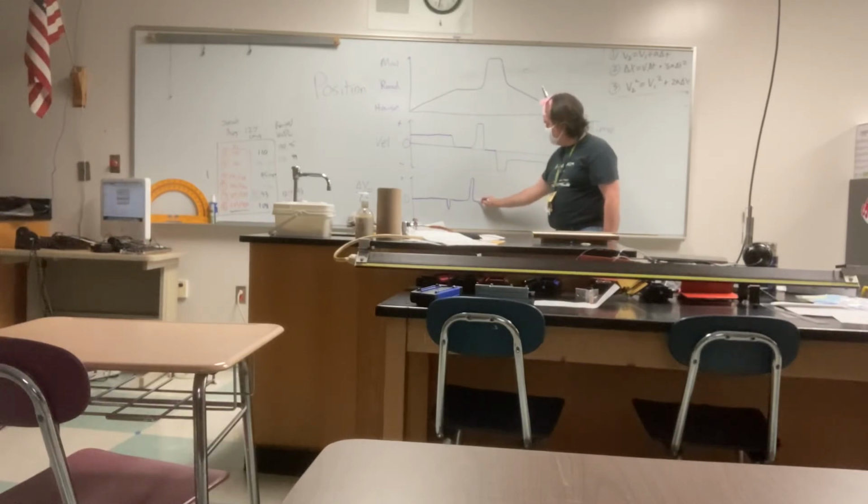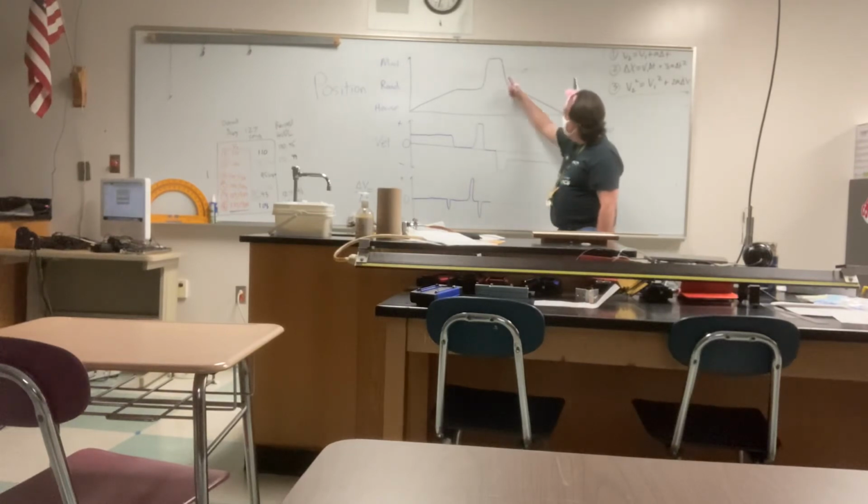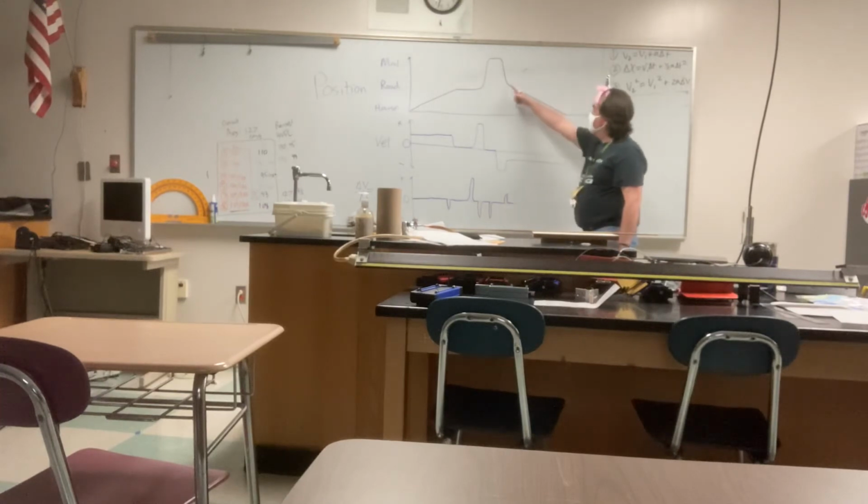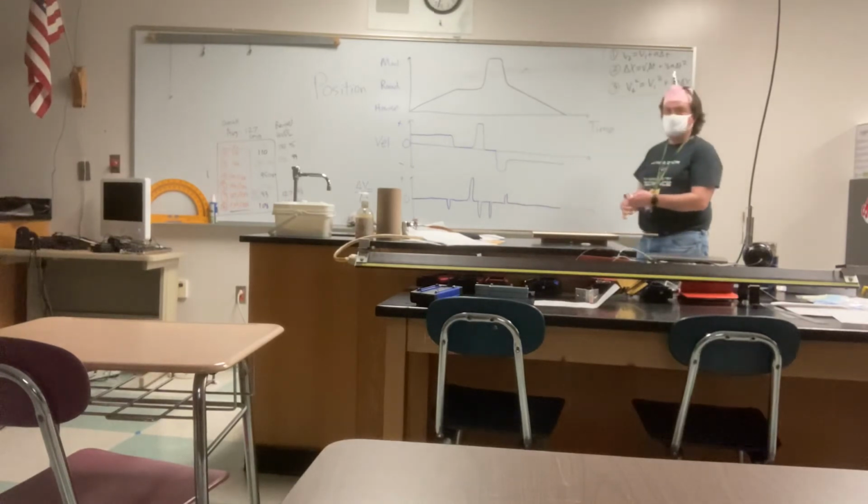Then we slow down from jogging, so that's a negative blip. And now we speed back up to jogging, but we're jogging backwards, so that requires negative acceleration as well. And finally, a little bit of positive acceleration to slow down from negative jogging to negative walking. And that's our whole graph. Easy peasy.